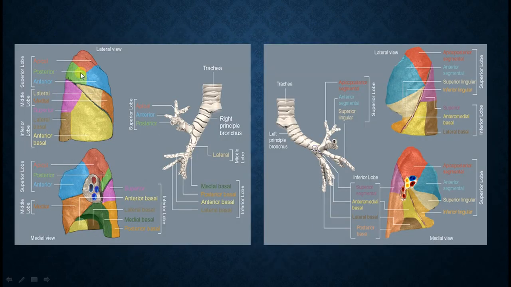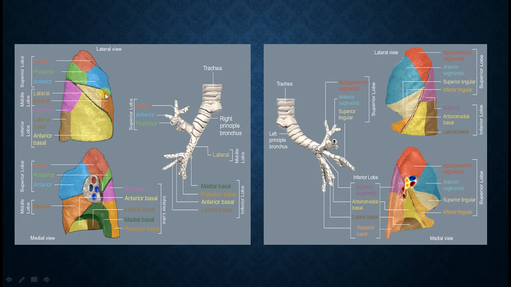Now here you are able to see the bronchopulmonary segments. To label them, on the right side for the upper lobe you have the apical, anterior and posterior.